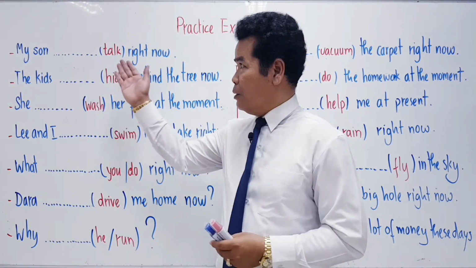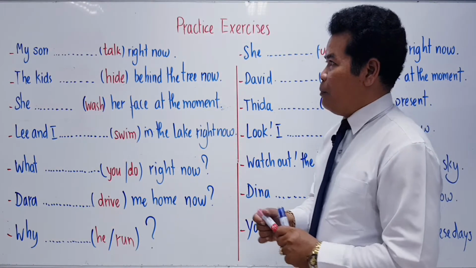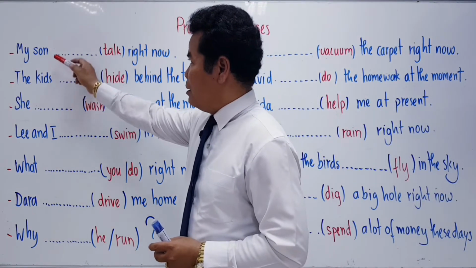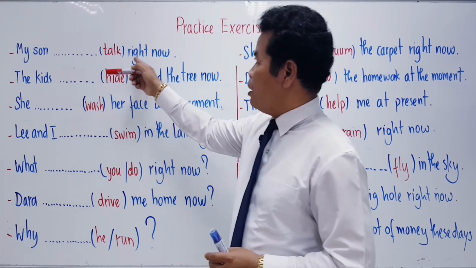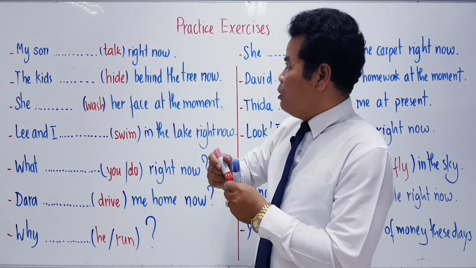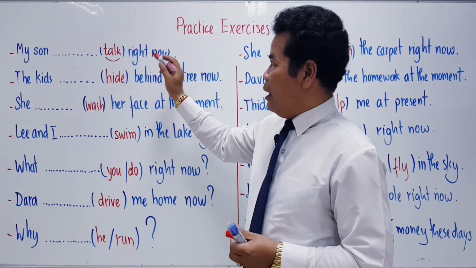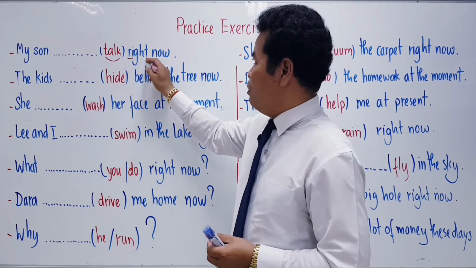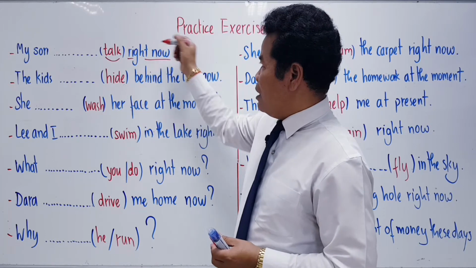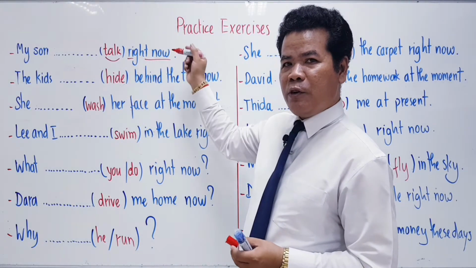Please have a look. Example, my son blank talk right now. Verb talk in the bracket, and then right now is the keyword of the present progressive.